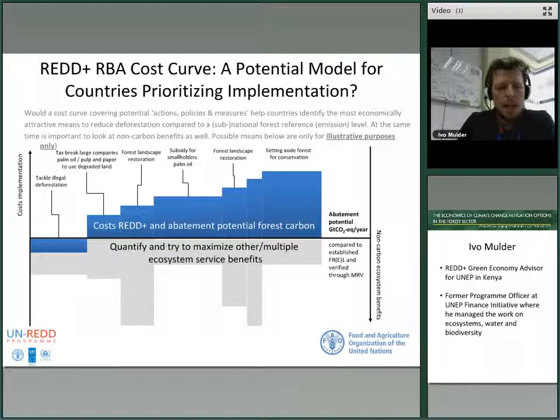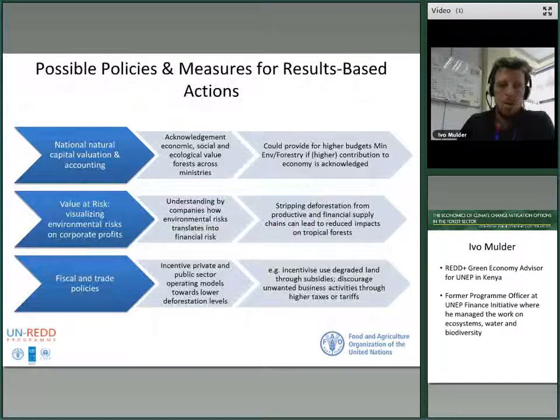At the same time, it may also be interesting for countries to look at other non-carbon benefits, such as biodiversity, water, livelihoods, etc. These are a number of potential policies and measures outlined.